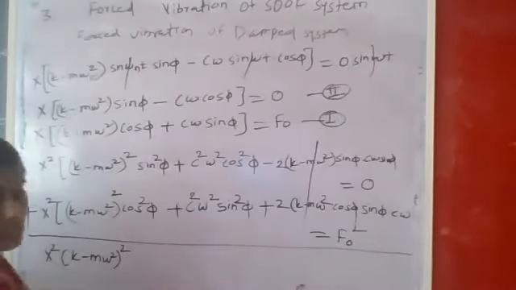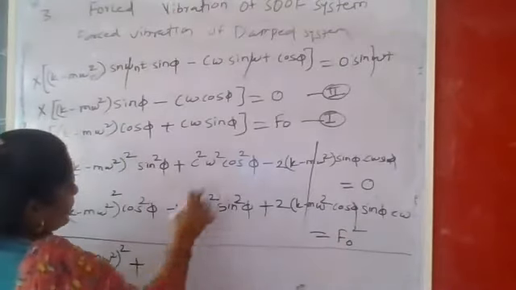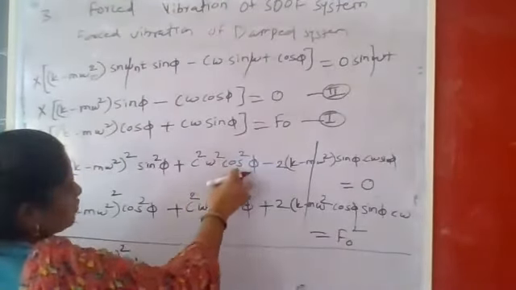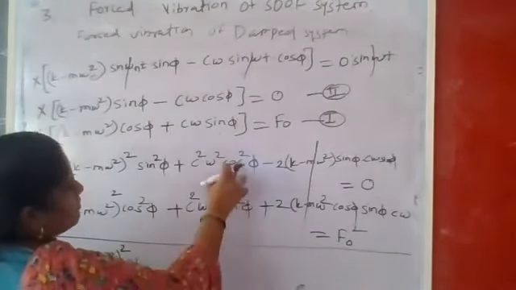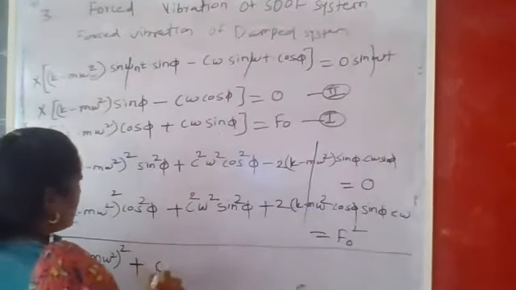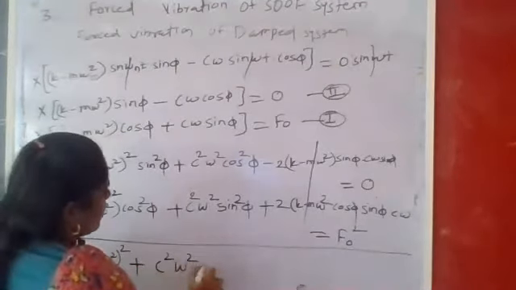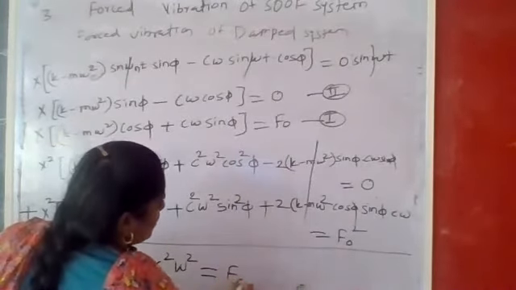So you can write directly plus c square omega square cos square phi plus c square omega square into sin square phi. Means sin square plus cos square is equal to 1. Means the common term is c square omega square, and that is equal to F naught square. This is our equation.